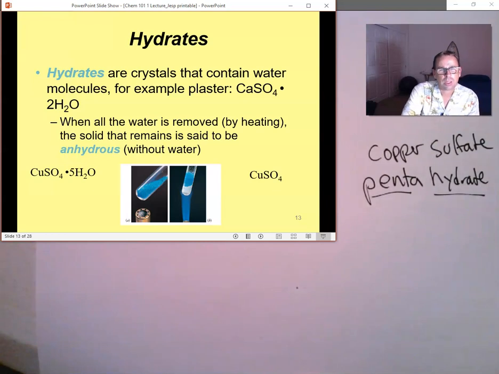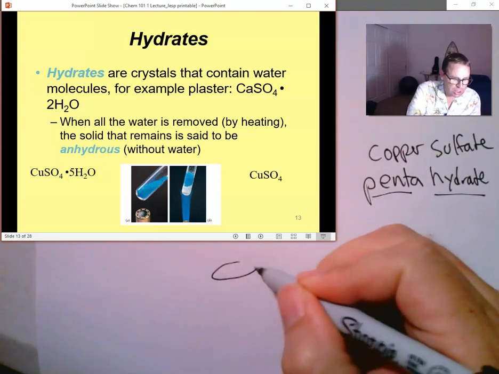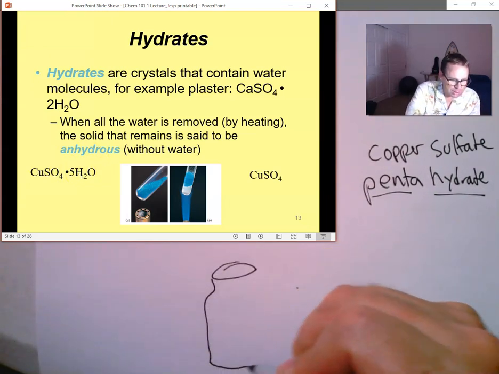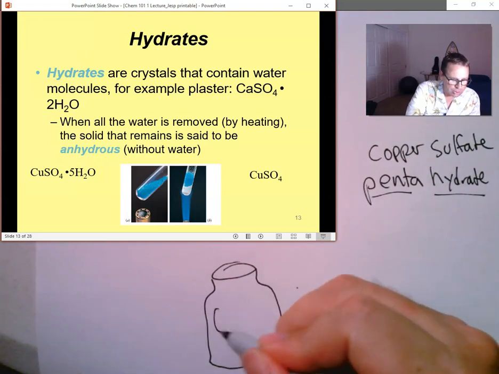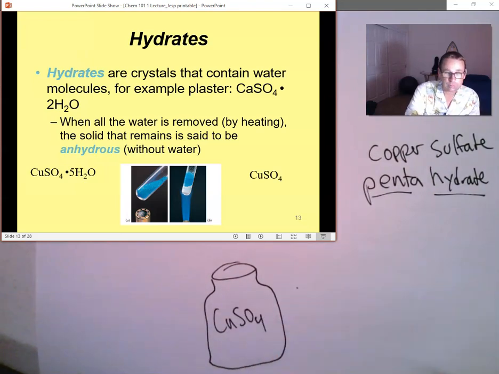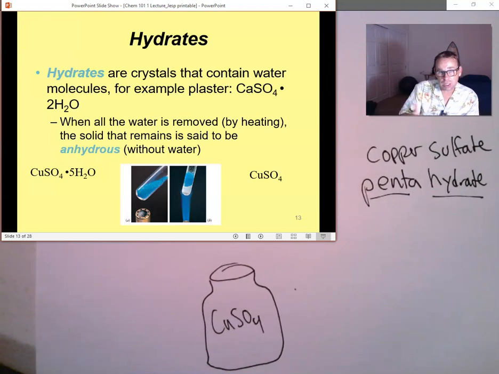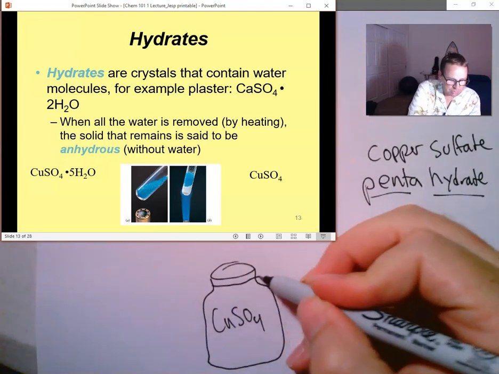Penta meaning 5. Now, why would you buy a compound like copper sulfate as a hydrate? Well, here's why. If I just went to the store and I bought a container of copper sulfate, if I didn't have any hydrates on it, that's fine.